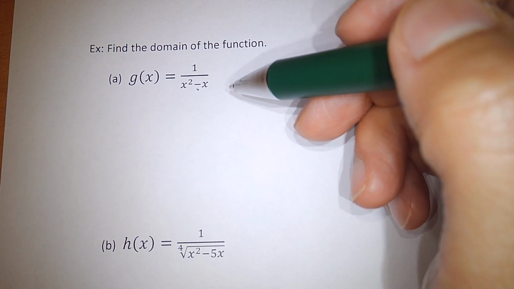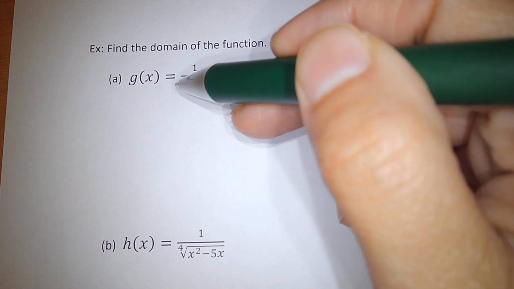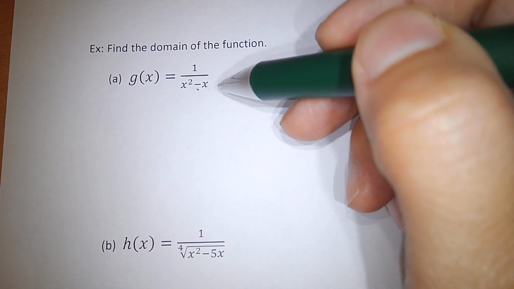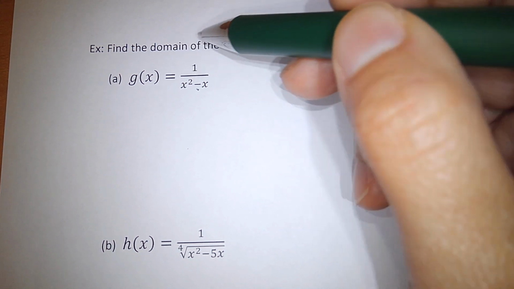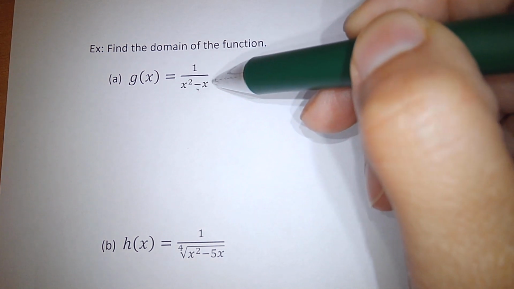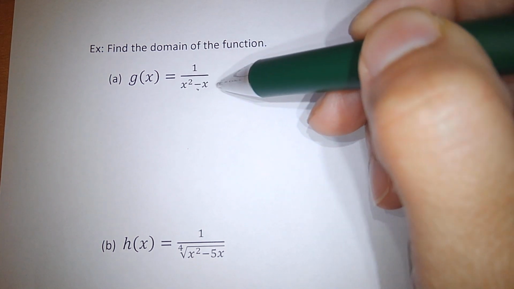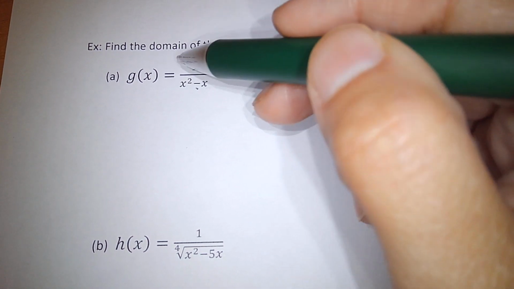If the function is defined in the form of a fraction, we have to make sure that the denominator cannot be 0. So to find the domain of this function, what should we do? We are going to find the x values that will make the denominator equal 0 and get rid of them. So we can find our domain, right?